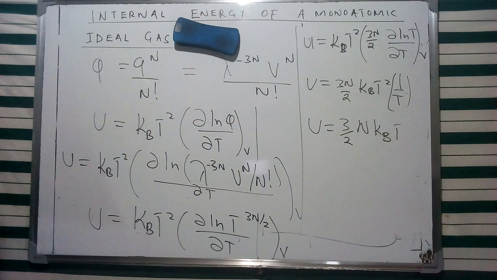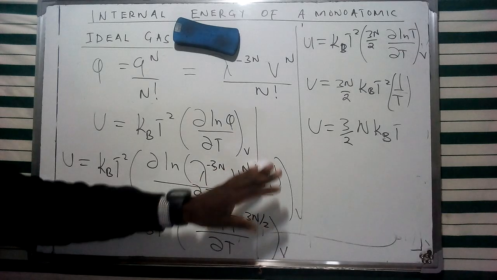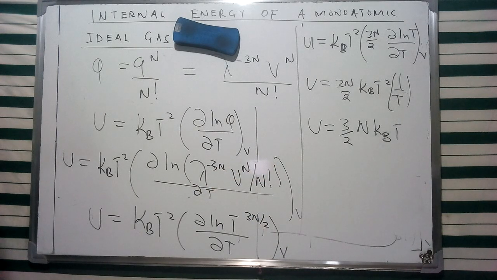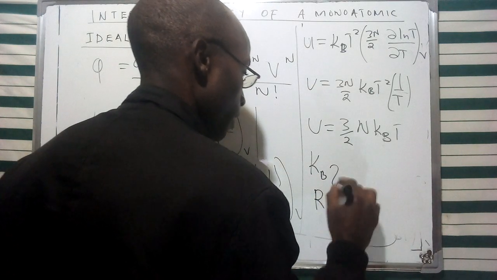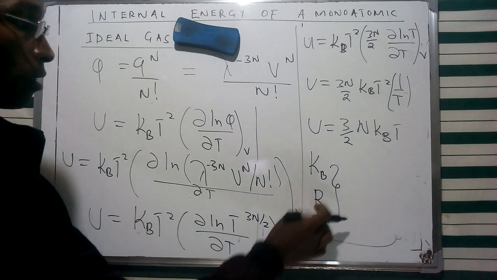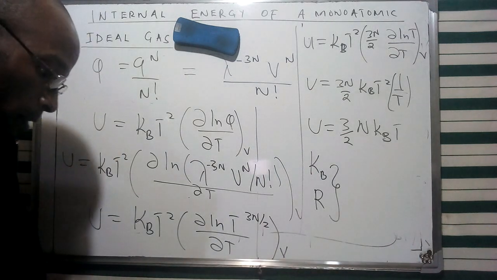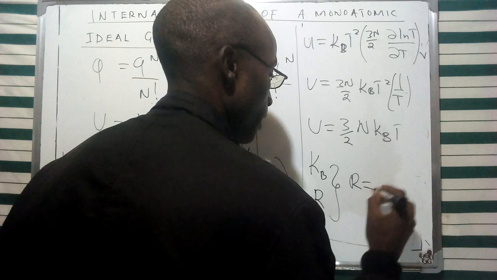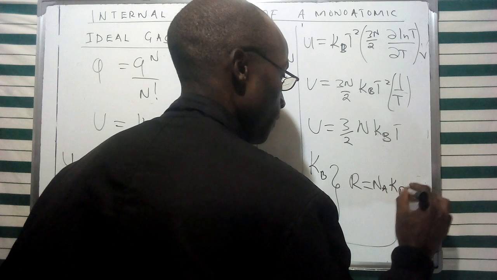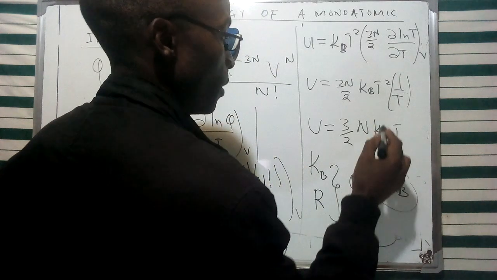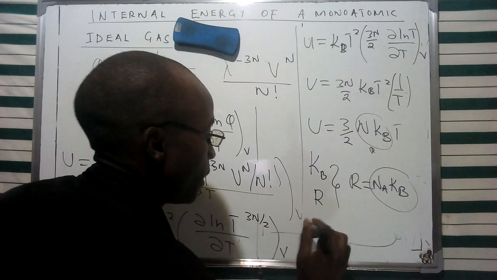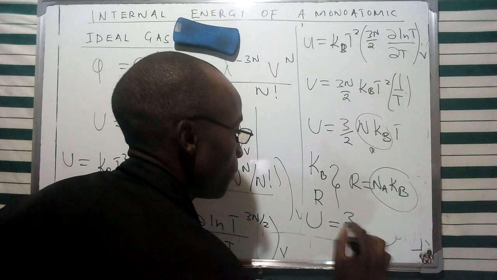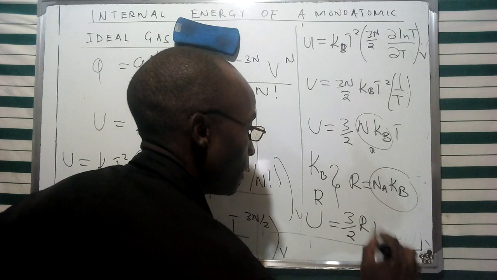But there's a relationship between the Boltzmann constant and the universal gas constant: R is represented as N_A kB. So the N_A kB component is represented in terms of R. Therefore, this reduces the formula for the internal energy U to 3 over 2 RT.